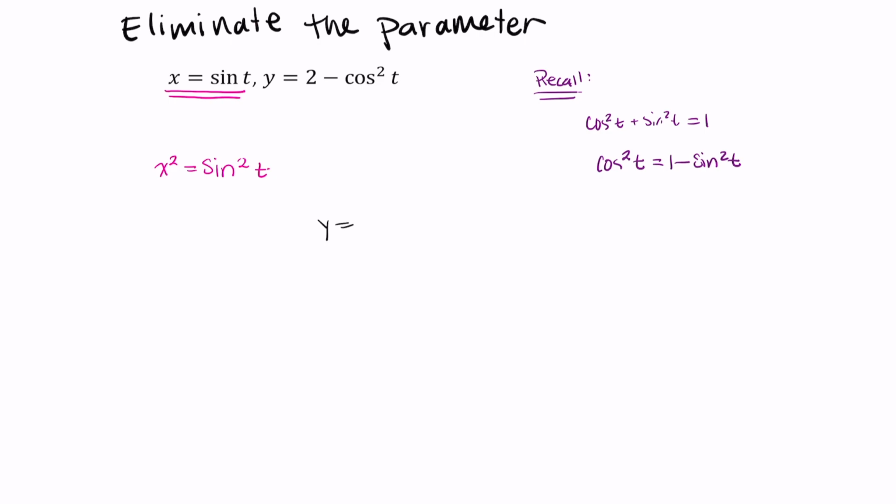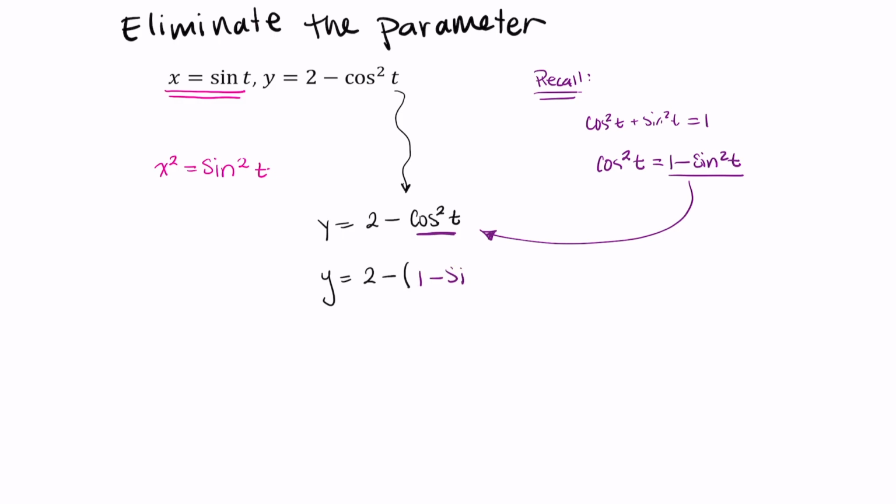So y equals 2 minus cosine squared t. That just came from here. Now I'm going to replace this cosine squared with 1 minus sine squared t. So on the next line, I'll have y equals 2 minus (1 minus sine squared t).